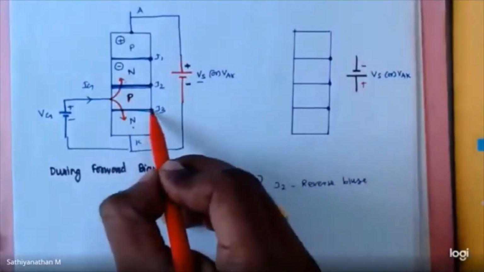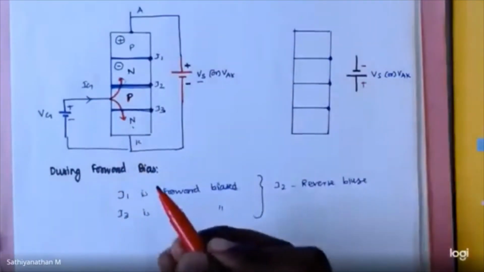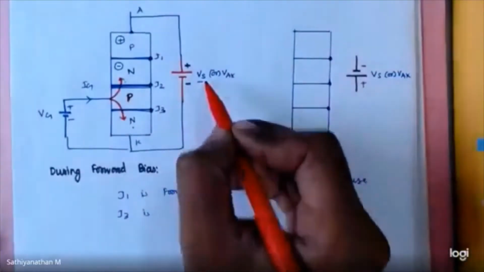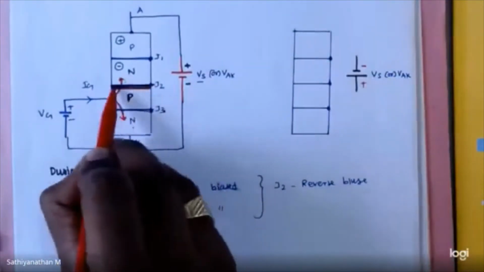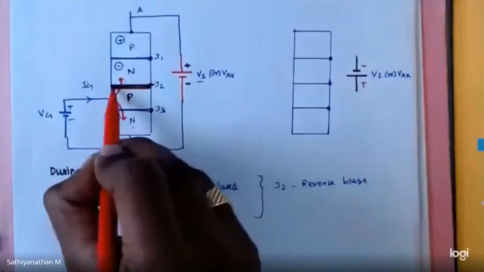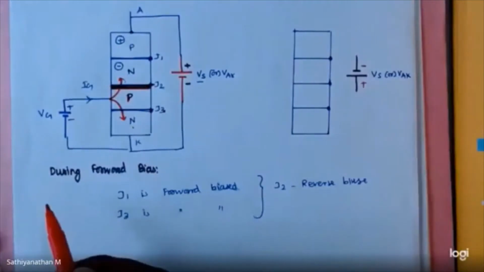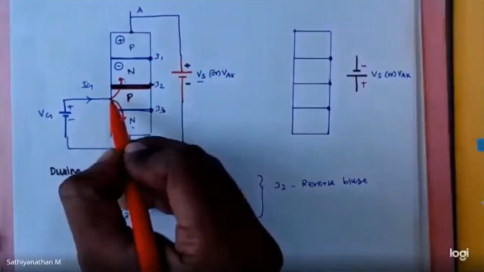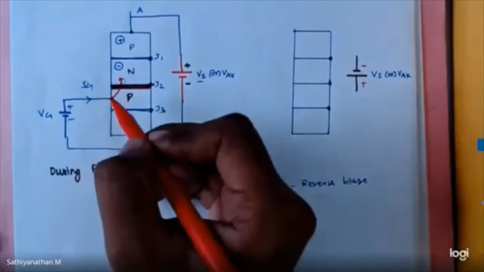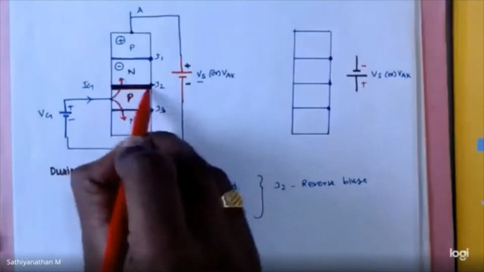this layer P and N will become positive, and similarly this layer P and N will become positive. Already this junction is in forward bias. J3 is in forward bias condition and J1 is in forward bias condition due to the source. The only thing is you need to remove this barrier. Normally we call it the barrier voltage. We apply an external supply, the gate voltage, that will provide excess electrons and holes that will eliminate this barrier.